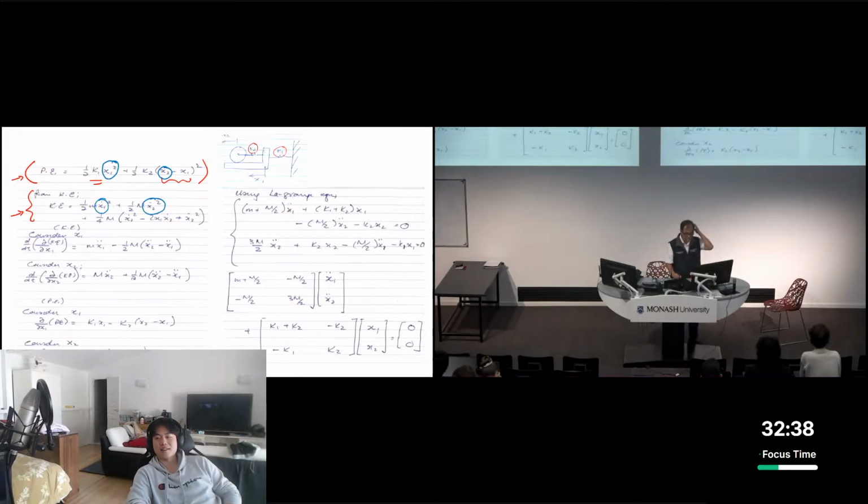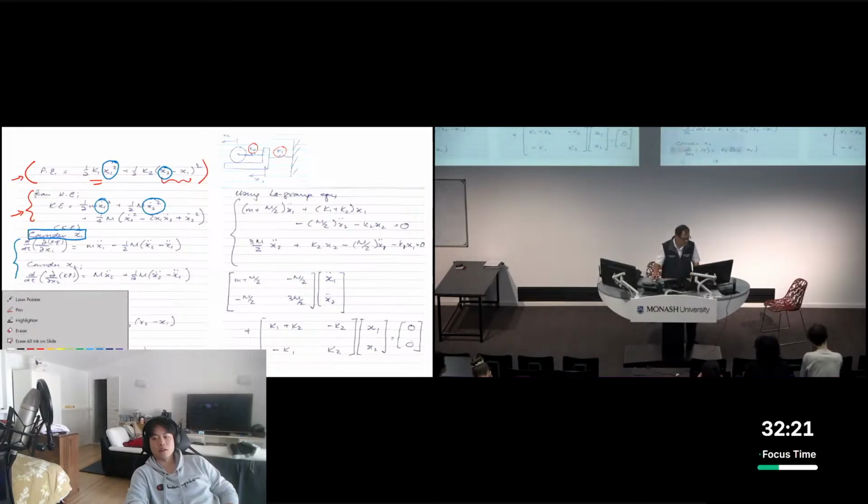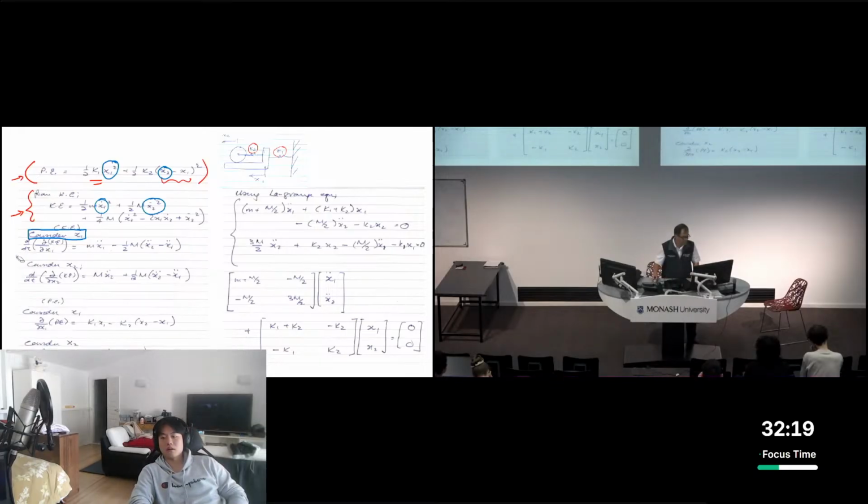Okay, so now, what that means is that we will need to consider assembling a Lagrange equation with our first generalized coordinate x1. You do your derivative for the kinetic energy, and then you do the derivative for your potential energy.